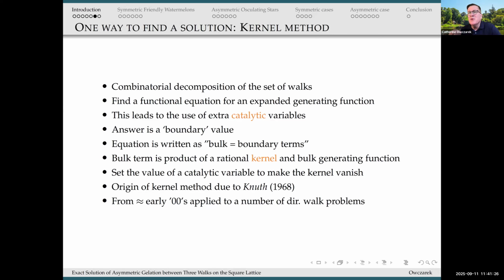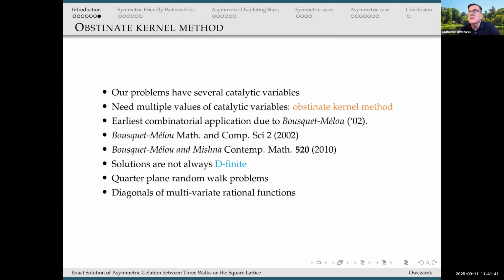What you try to do is set the value of the catalytic variables to make the kernel vanish, and so you just get a solution for the boundary term. It's sometimes easier said than done. The reason for that is that in the problems that we look at, you have to add in several catalytic variables. So it's sort of like complex analysis in several variables, not as easy a case. And that gives you this obstinate kernel method.